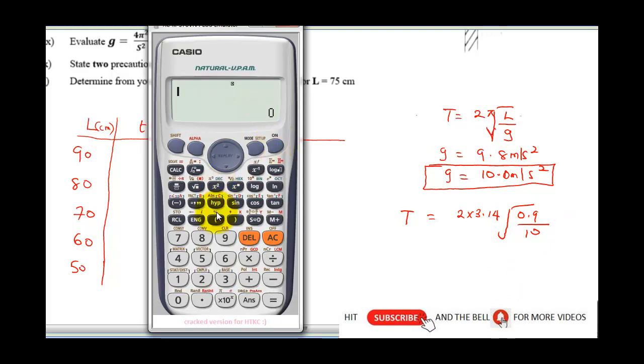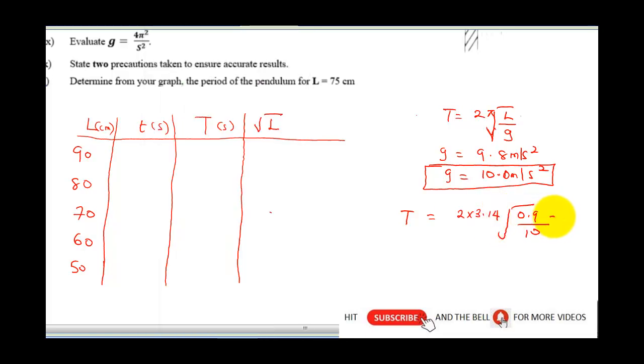So this is going to be 2 times 3.14 times square root of 0.9 divided by 10. I'll close my bracket. This gives me 1.884.